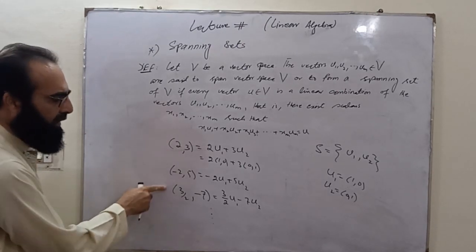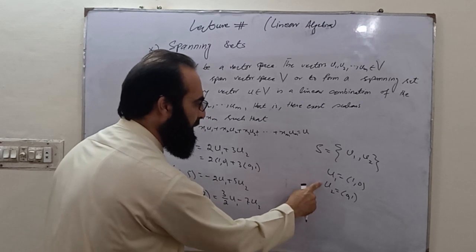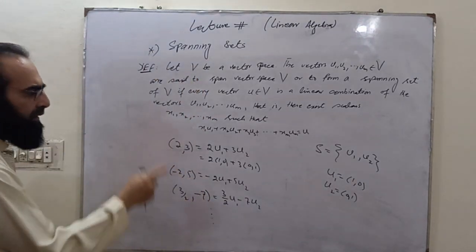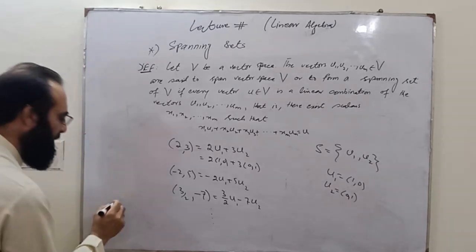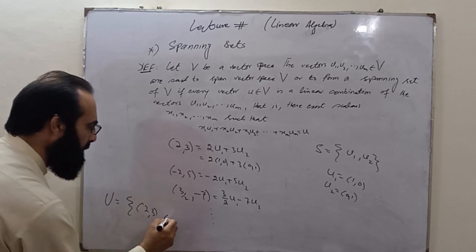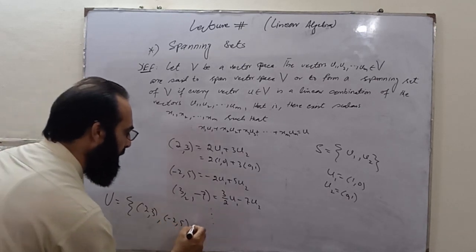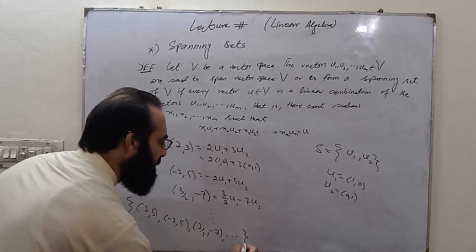So these are the vectors which can be written as a linear combination of these two vectors. Let's create a set consisting of such vectors. Say that is U equal to {(2, 3), (-2, 5), (3/2, -7), and so on}.